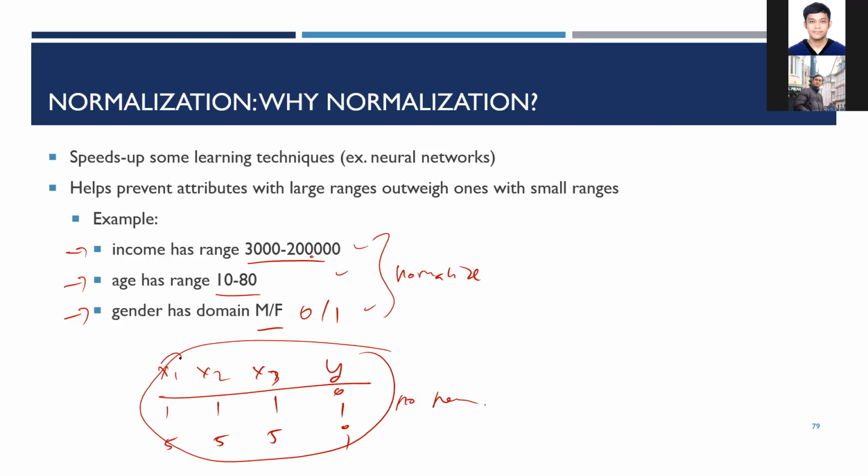Because the ranges of x1, x2 and x3 are all the same. So no need to do normalization unless you prefer a specific algorithm that requires changing into binary, for example. Oh, thank you. Okay, so the key point is the range between attributes.